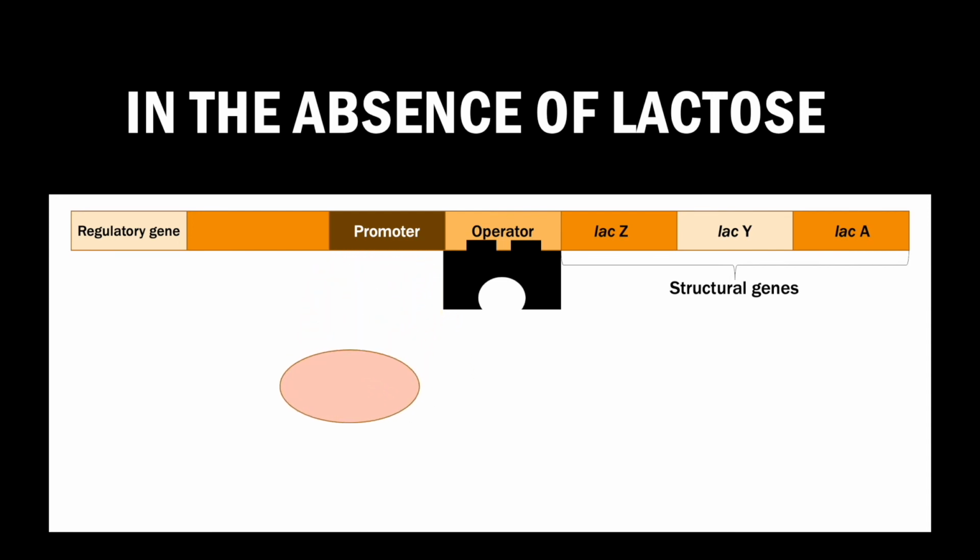Since RNA polymerase is prevented from binding to the promoter, the transcription of the structural genes cannot take place. So therefore, no mRNA is produced, hence, no protein will be produced. In this case, the lac operon is said to be turned off.